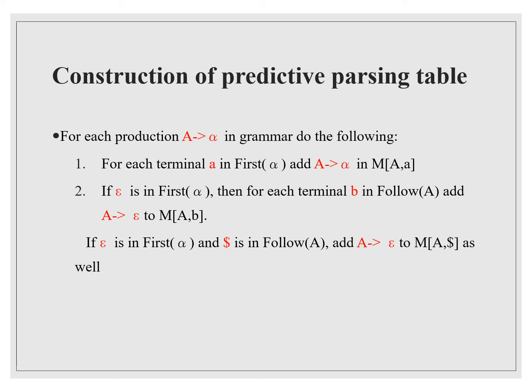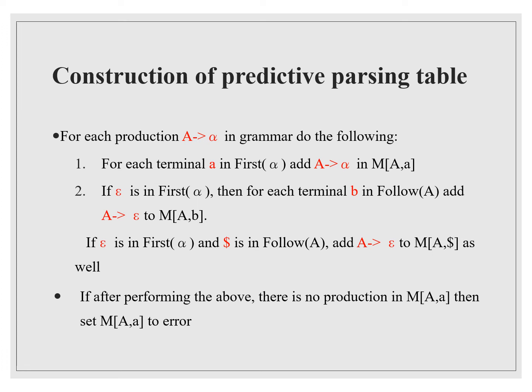One more condition: if epsilon is in first of alpha and also dollar is in follow of A, then we add A derives epsilon to the M of A comma dollar entry.